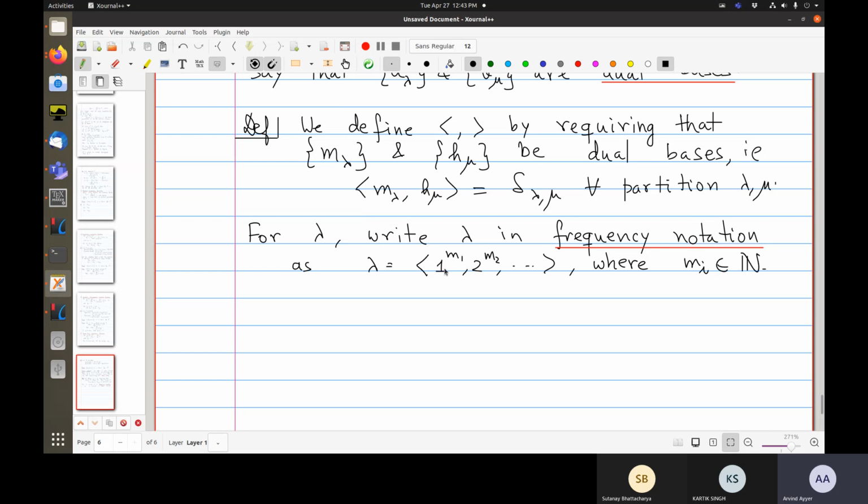So what it's doing is counting the frequencies of each of these entries. So this means 1 occurs m1 times, 2 occurs m2 times, and so on. And we write angular brackets to distinguish it from the usual partition notation and to not get confused.